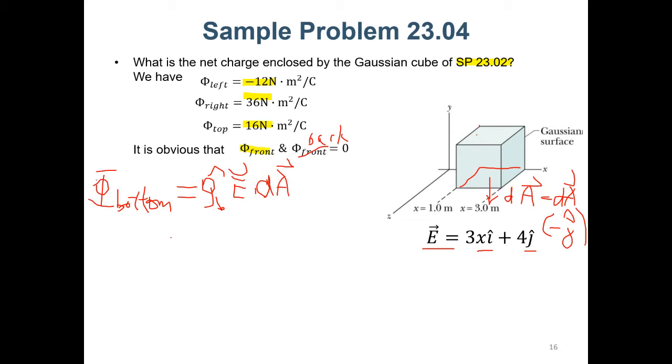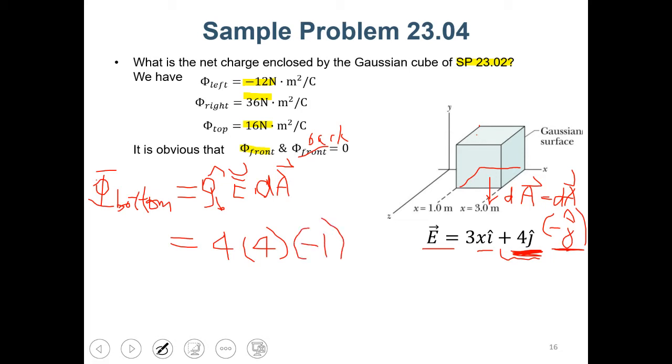In the Y direction E is 4. So E should be 4, and dA is 4 millimeter squared, so we multiply that by another 4. This one points to the positive Y direction, and this one points to the negative Y direction, so when they have an inner product, we multiply by -1. So this one should be 16 N m squared over C.